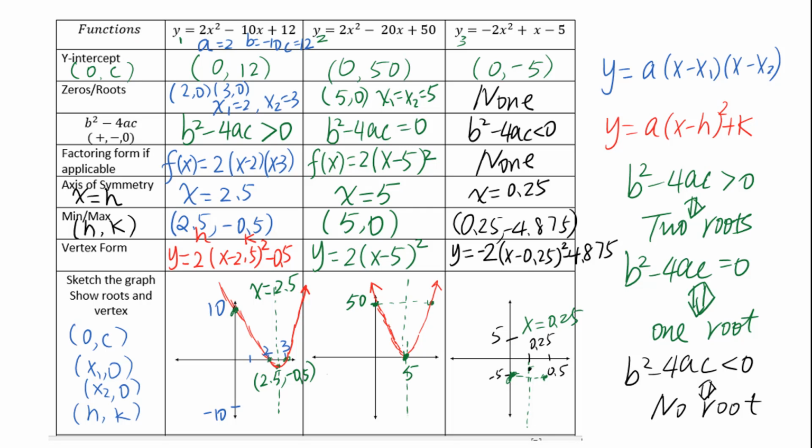So you can connect these 3 points. When you label your x and y-axis, remember you have to show the scale. And for this maximum point, that is 0.25 and -4.875.